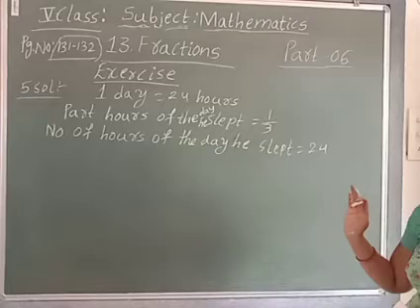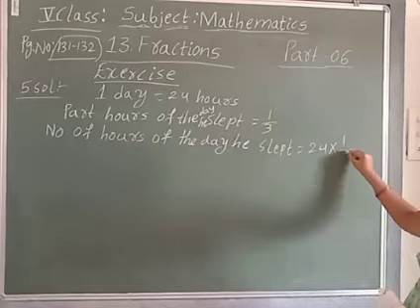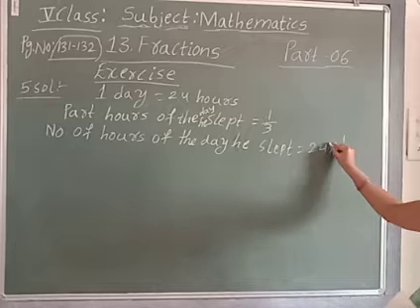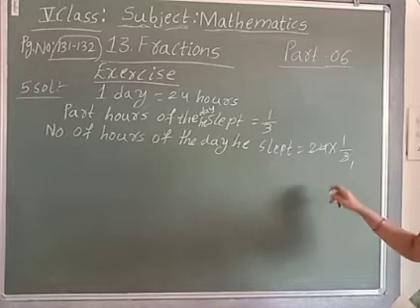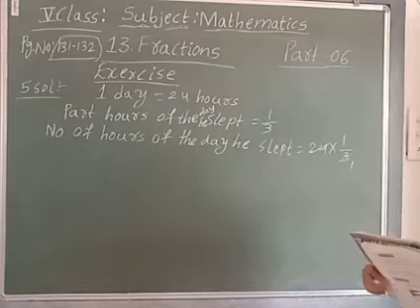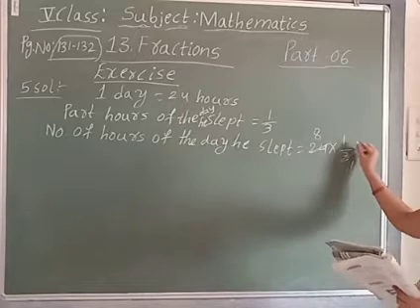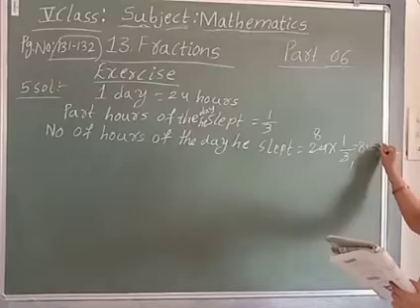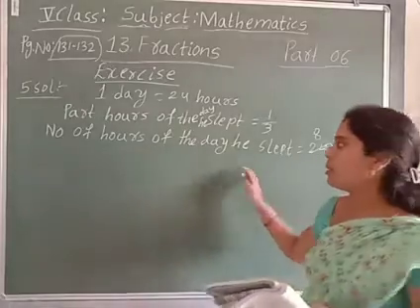One day is 24 hours. So 1/3 part. In the 3 table, 3 8s are 24, no? So 8 into 1 is 8. 8 hours they slept.